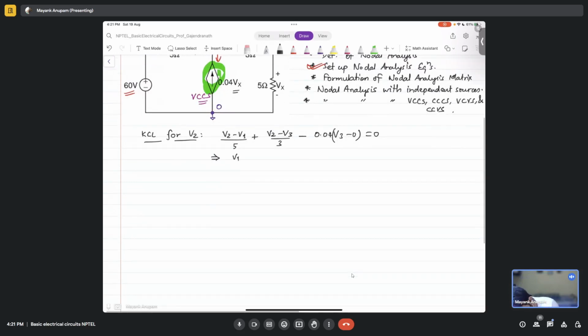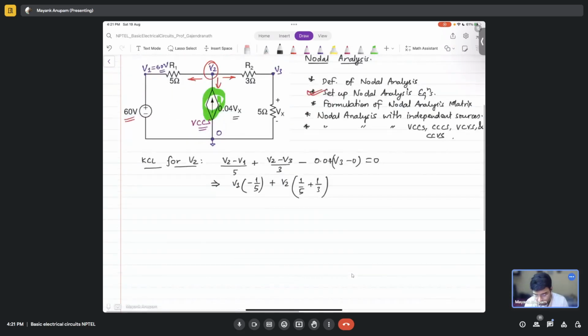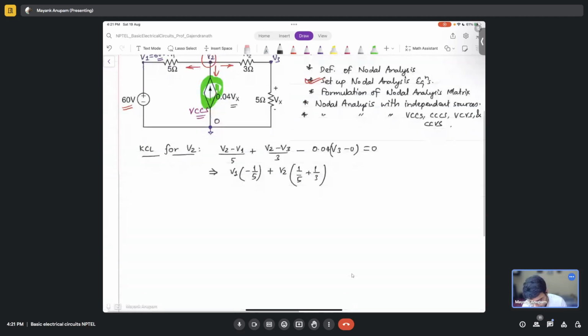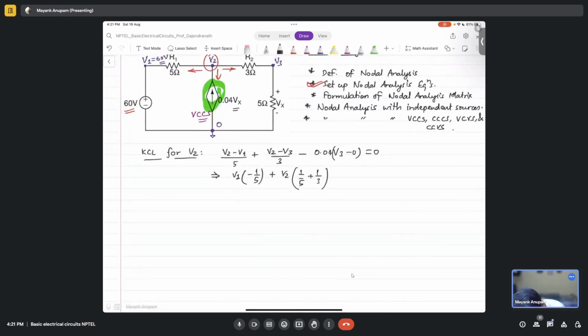V1 has minus 1 by 5, plus V2 has 1 over 5 plus 1 over 3, plus V3 has what? What will be the V3 coefficient? Minus 1 over 3. Yes, correct. Minus 0.04.